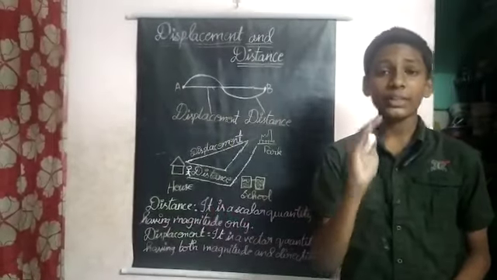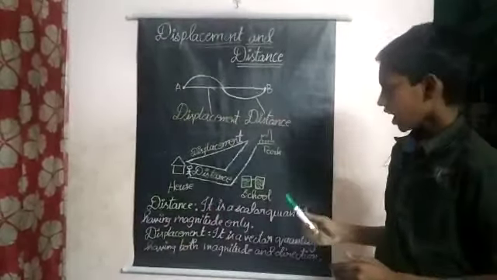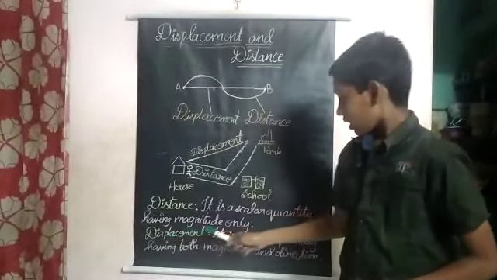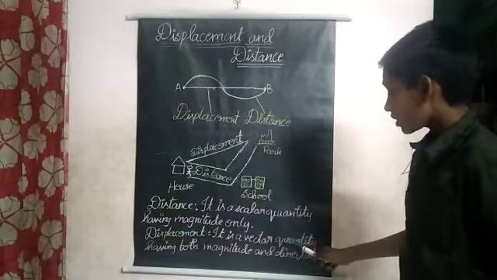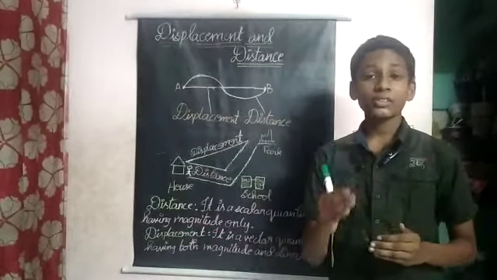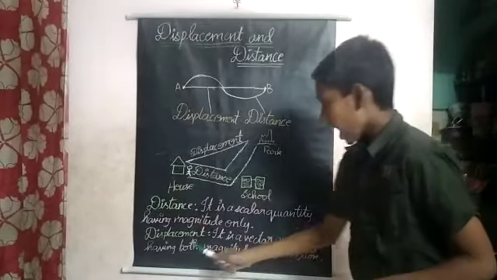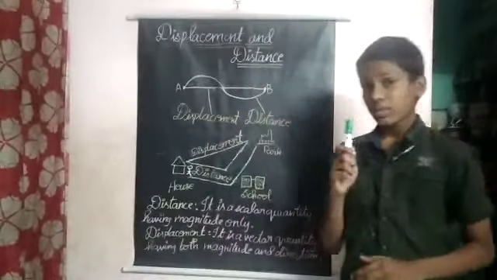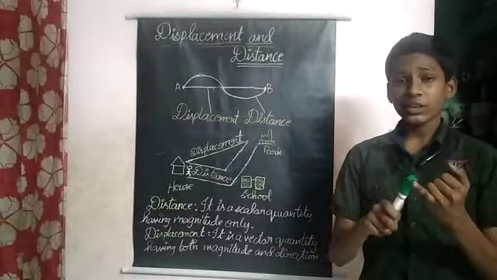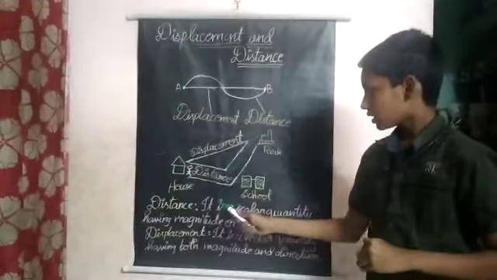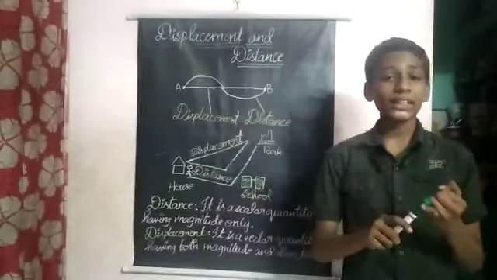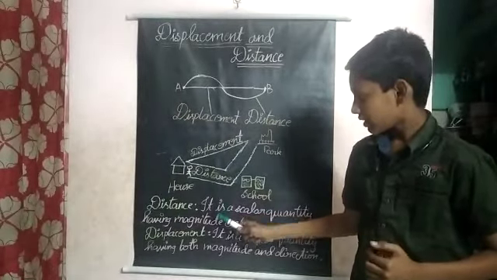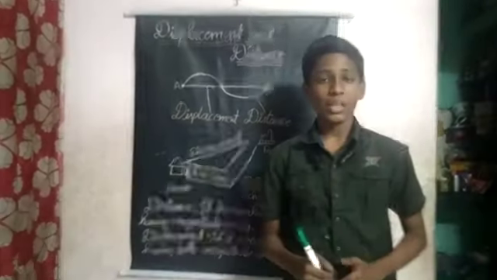And displacement is a vector quantity, having both magnitude and direction. Displacement has magnitude and direction, but distance has only magnitude. So these are the definitions of distance and displacement.